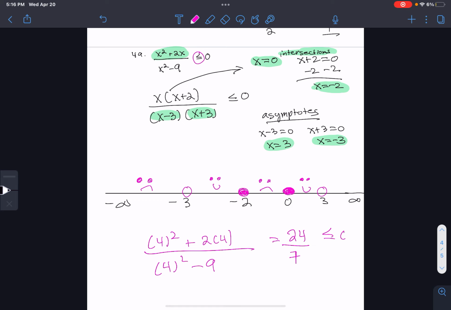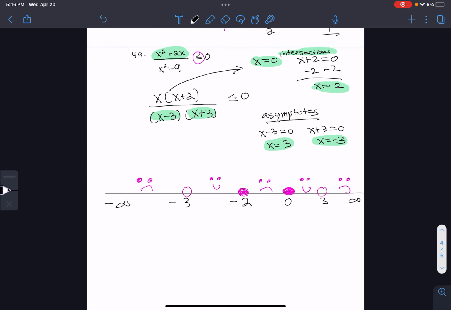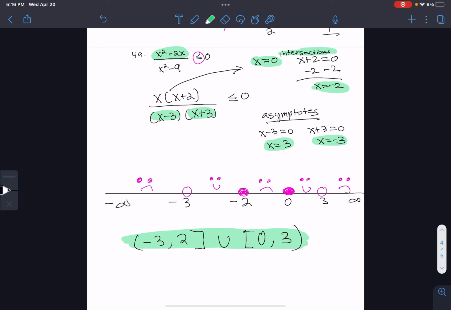This is not less than or equal to 0, so this fails. Now, if we look at our final answer, we have from negative 3 to negative 2, union 0 to 3. And that's your final answer.